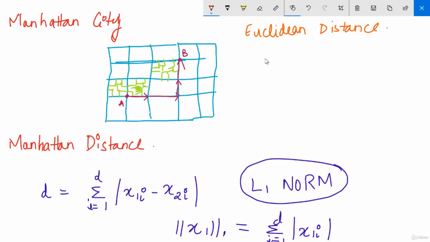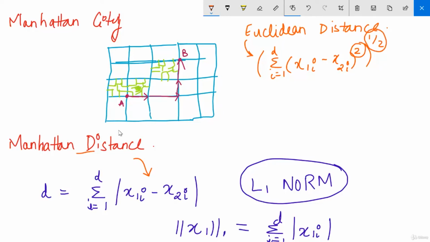Euclidean distance was the sum over i equals 1 to n, and this was the root. This is our Manhattan distance, and this is our Euclidean distance. Have you noticed one thing? If I just remove the square and the under root, it will be your Manhattan distance, right? So that's the tricky part.